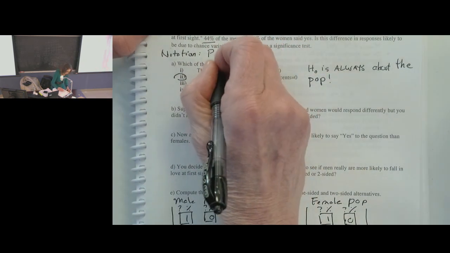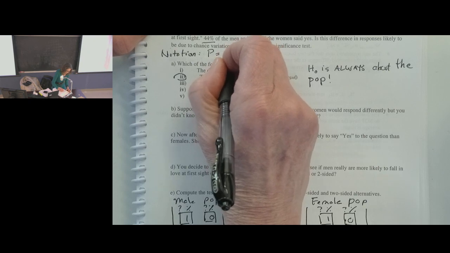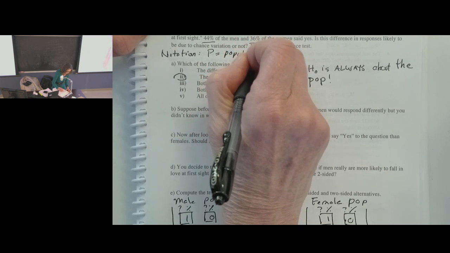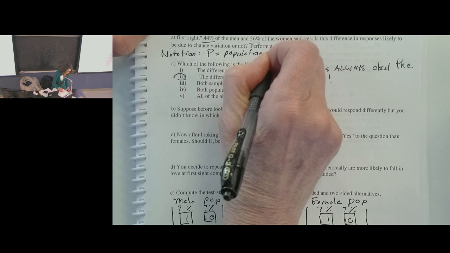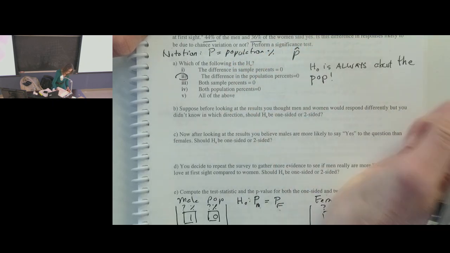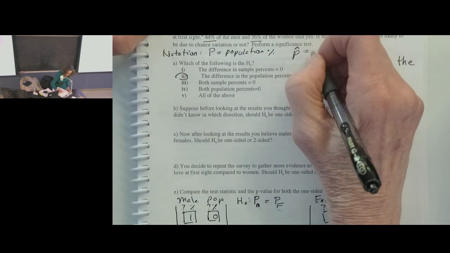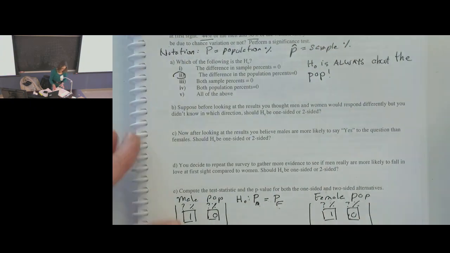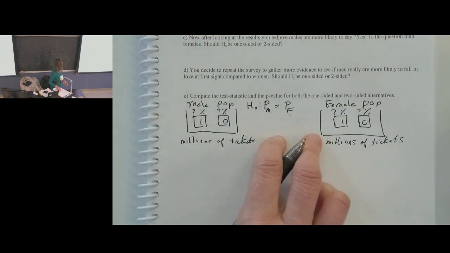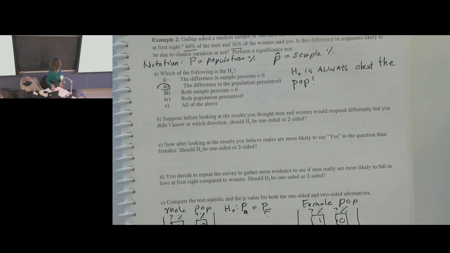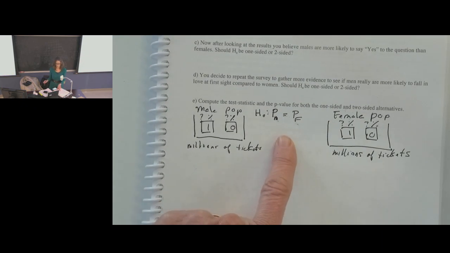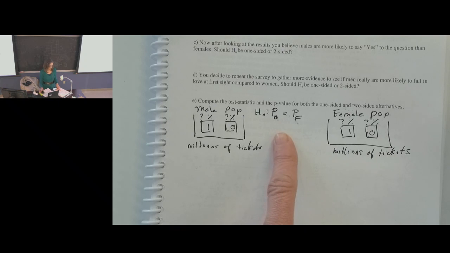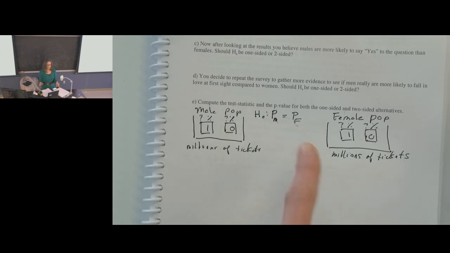So I'm just going to call P the population percent, and we'll put a little hat for the sample percent. A lot of people do that usually. So that's for our sample percent, just so you don't get confused. So in the population, that's what it looks like, okay? So in the population, we think our null is that they're the same, of course.